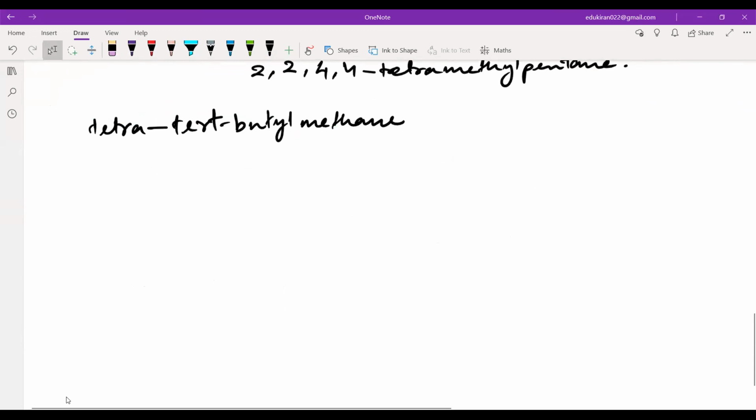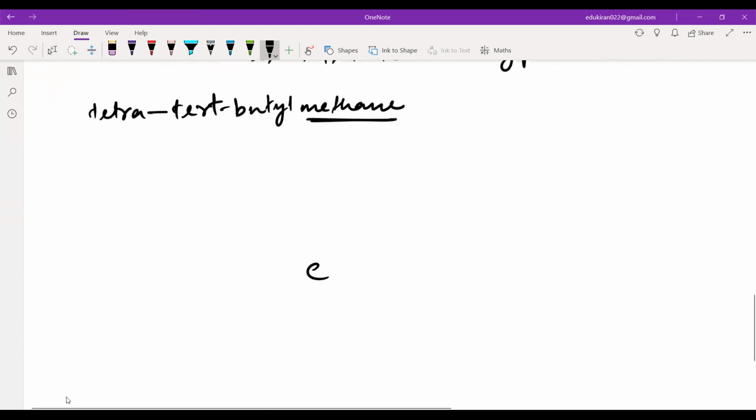Why? First of all, whenever you have such a thing, you can see that it is methane, so the parent will have only 1 carbon atom. Methane means only 1 carbon atom. And what are they saying? There is tetra tert butyl. Those who have studied organic chemistry with me will remember that tert butyl is this particular fragment, with 3 and 4 carbons.